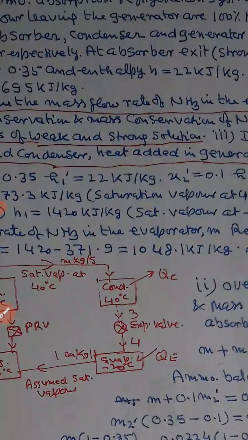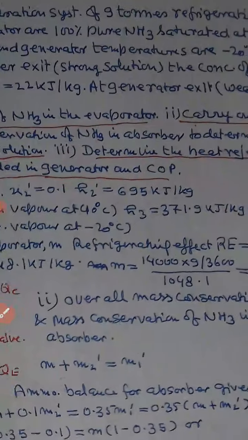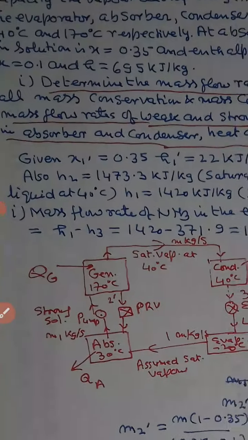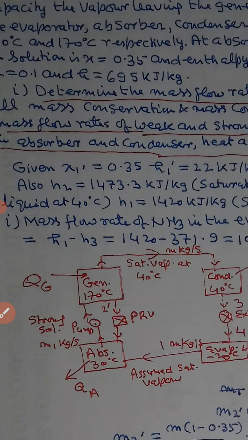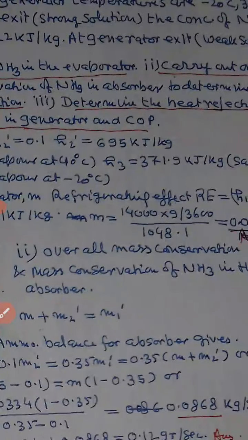Now the third part of the numerical which has to be done: determine the heat rejection in the absorber and condenser, heat added in the generator, and COP.